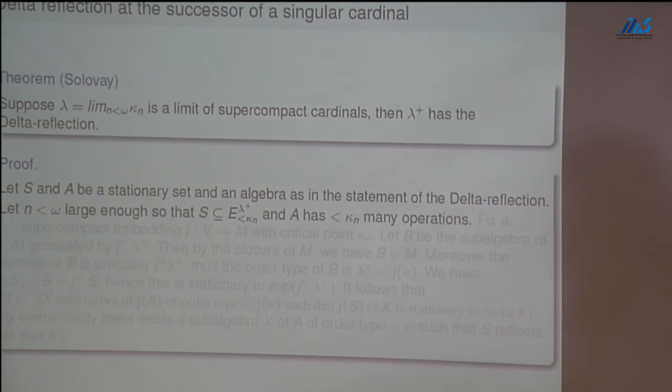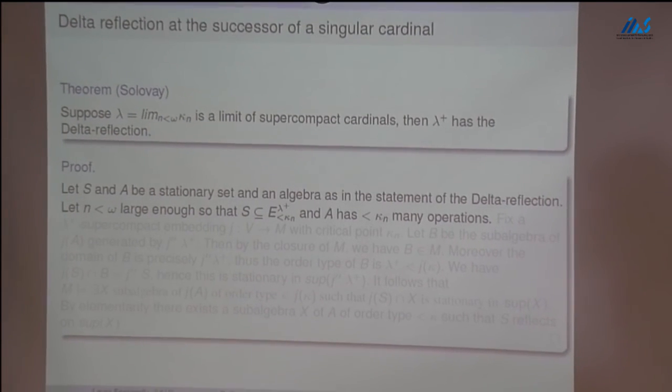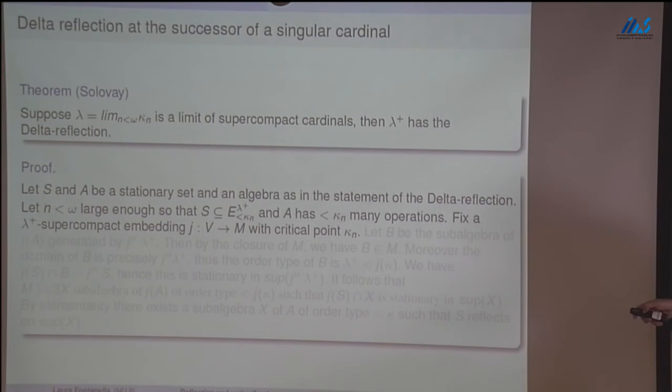Now we fix an n such that kappa n is large enough for this to hold, and we want to use the supercompactness of kappa n. So we fix a supercompact embedding with critical point kappa n such that j of kappa n is larger than lambda plus, and all this holds for gamma equals lambda plus. Okay.